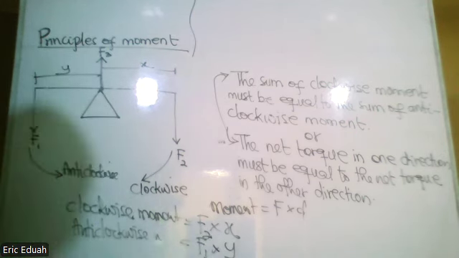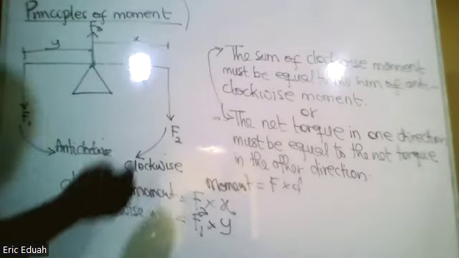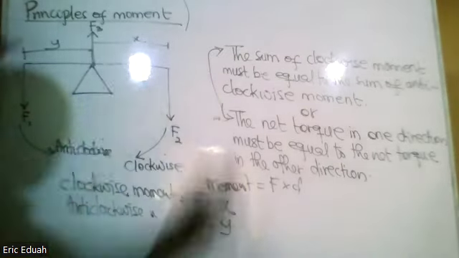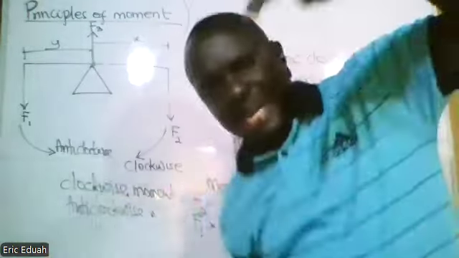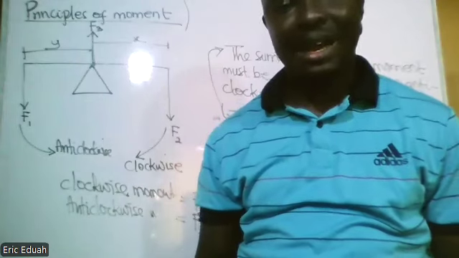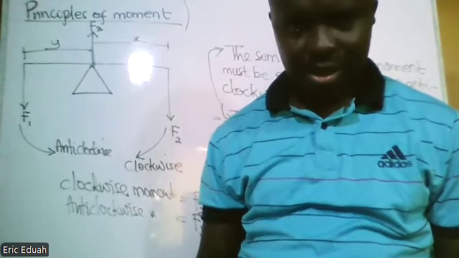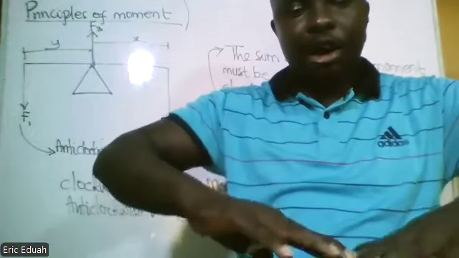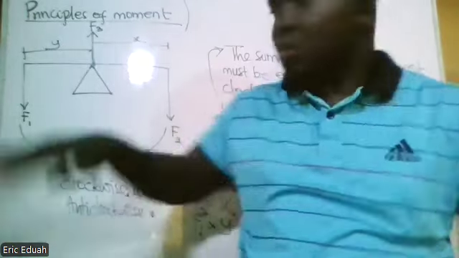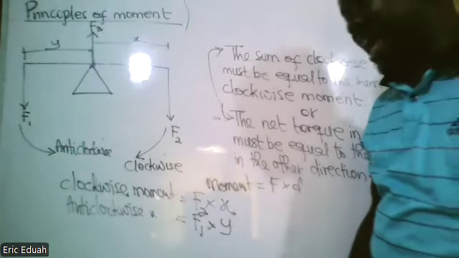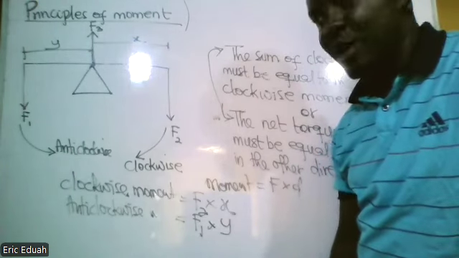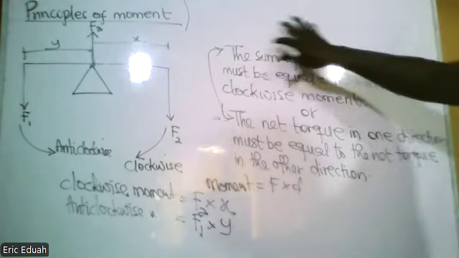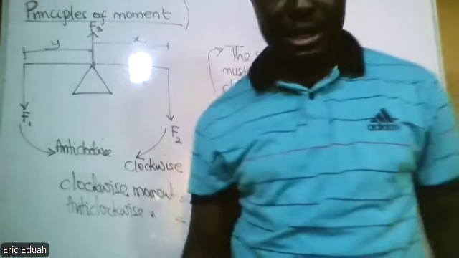For equilibrium to occur, this must be equal to this. Then there wouldn't be any turning effect. The moment one is greater than the other, it will turn in the direction of the larger torque or moment. So for equilibrium to occur along the bar, the sum of clockwise moments must be equal to the sum of anti-clockwise moments. These are the principles of moments.